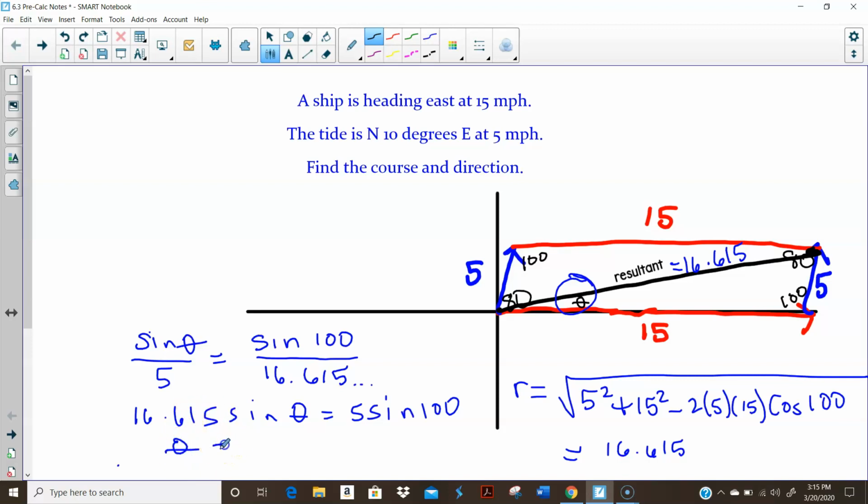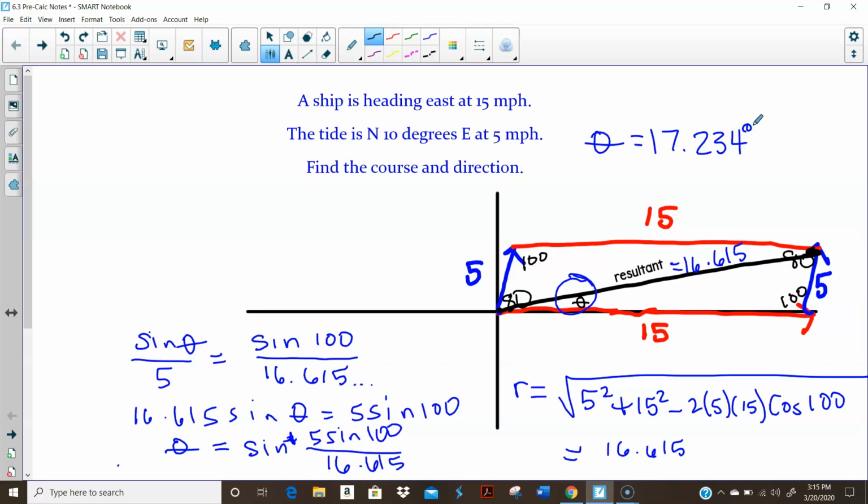So theta is going to equal the inverse sine of 5 sine 100 over 16.615. You're going to make sure your calculator is in degrees, right? So make sure you're in degrees, and then you're going to throw that into your calculator, and theta is going to equal 17.234 degrees.